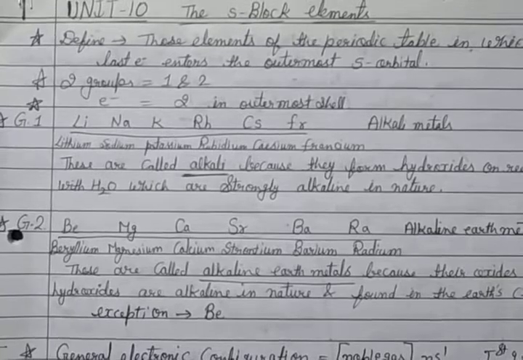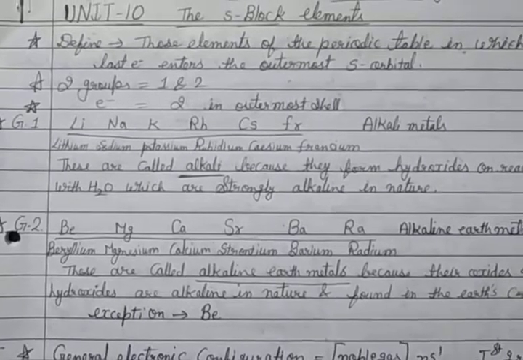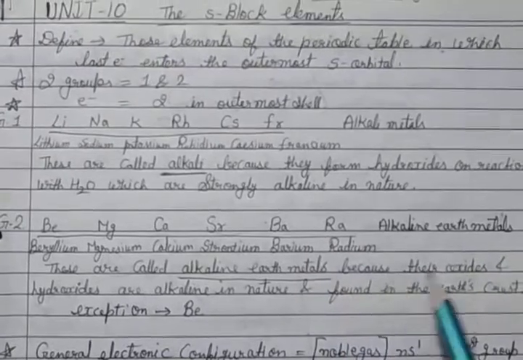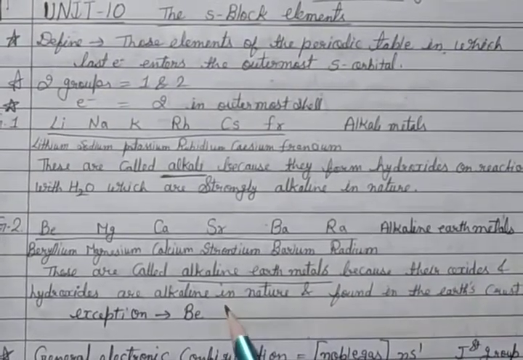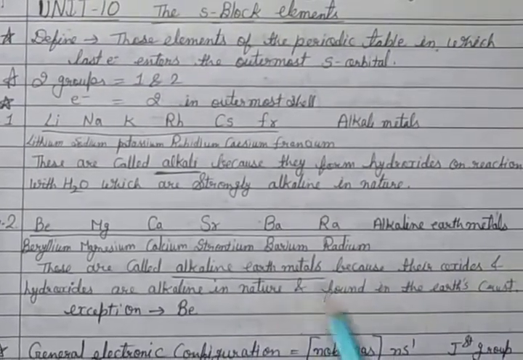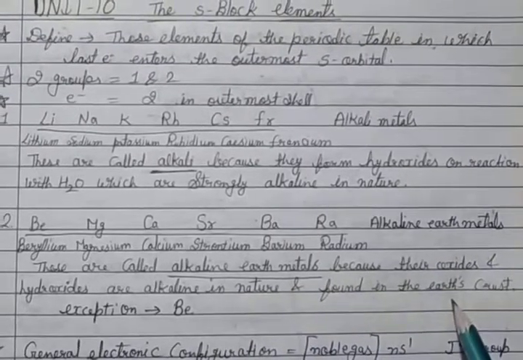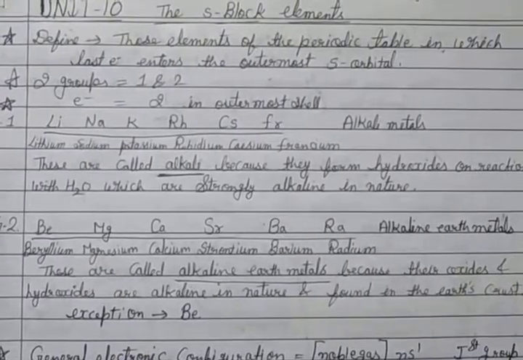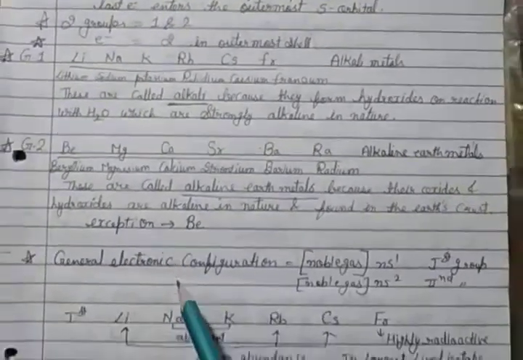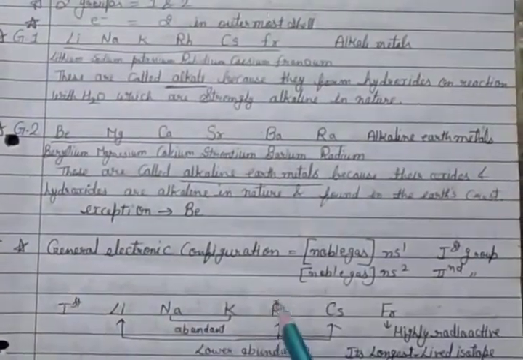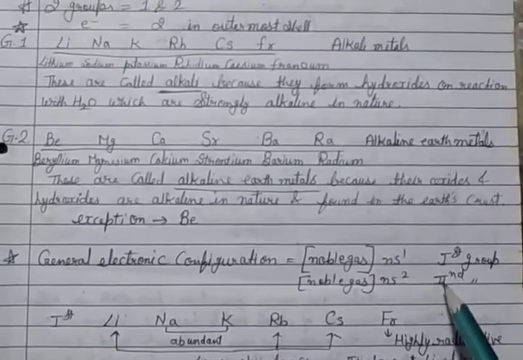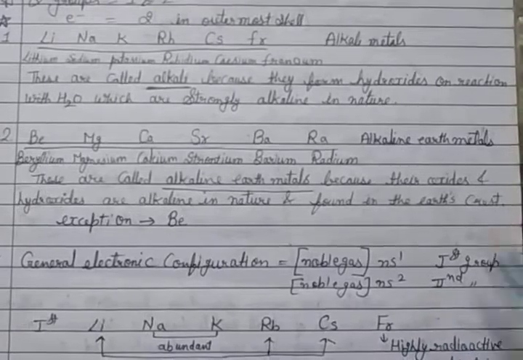These are alkaline earth metals. They are called alkaline earth metals because their oxides and hydroxides are alkaline in nature and they are found in the earth's crust, with the exception of Be, beryllium. The general electronic configuration for the first group is [noble gas] ns1 and for the second group [noble gas] ns2.